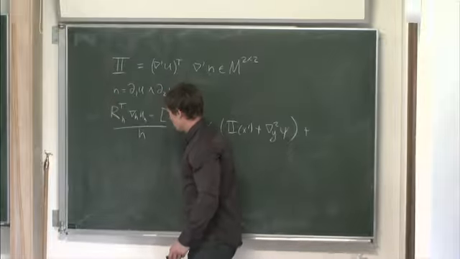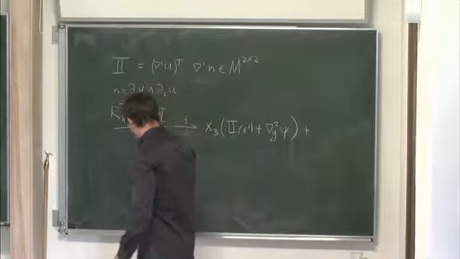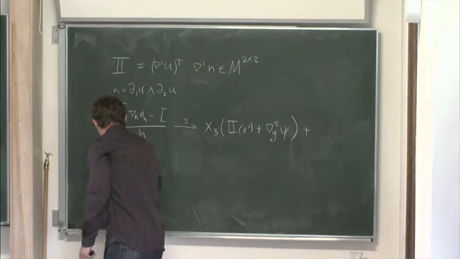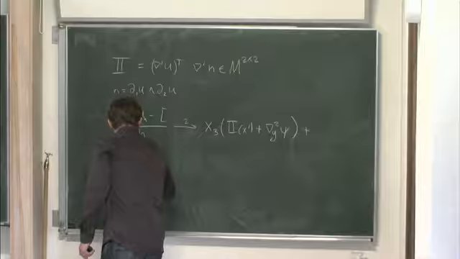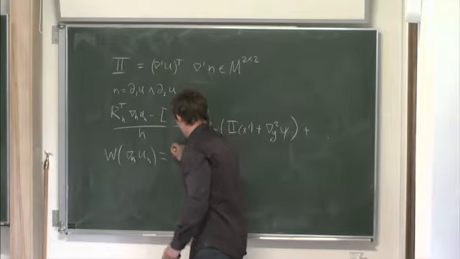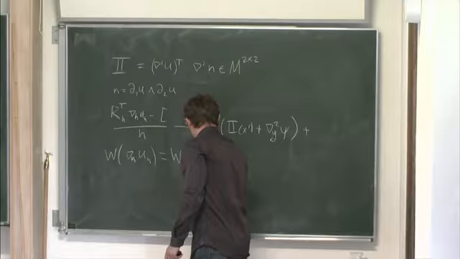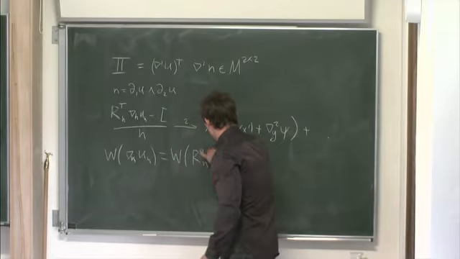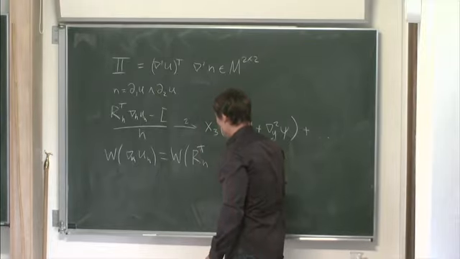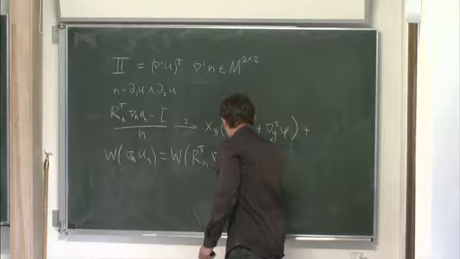Because due to frame indifference, we can take our gradient of deformation and plug it into the stored energy function W. It equals this. So we can multiply by this function R_h, which is a rotation matrix.